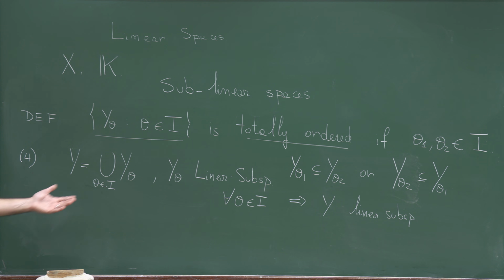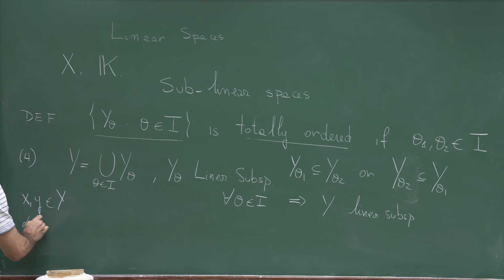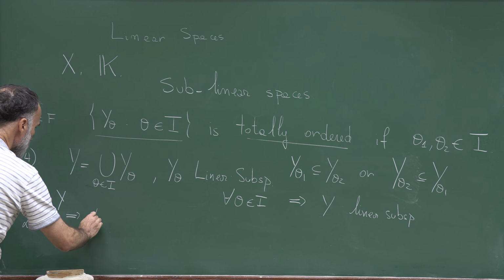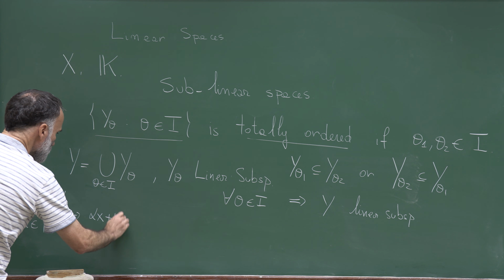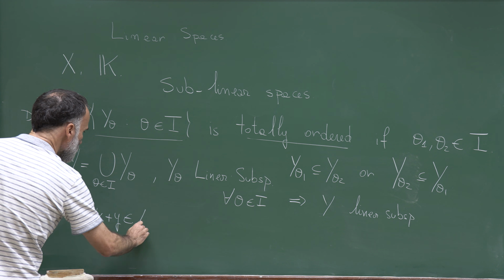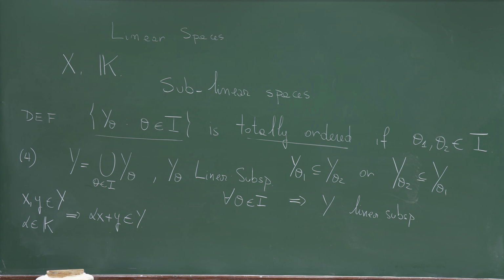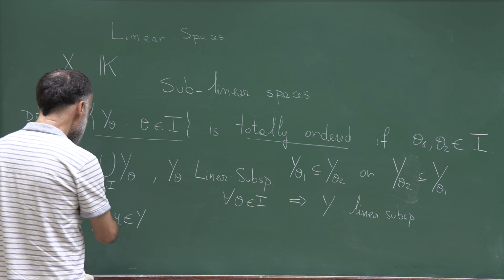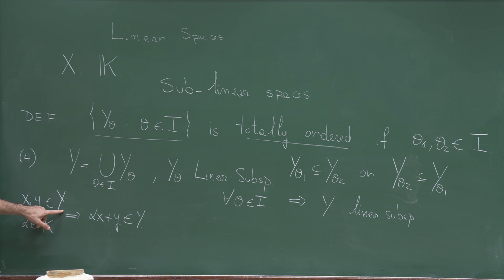And again, to prove that it's a linear subspace, I have to consider x and y in capital Y, alpha in K, and prove that alpha x plus y belongs to Y. Well, since x and y belong to Y, this means that each one belongs to one set.